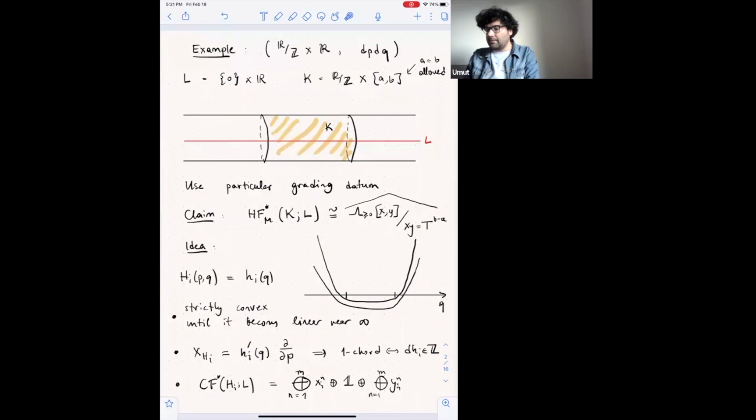So let's talk about it in an example. I will consider the cylinder, R mod Z cross R, with the dp/dq symplectic form, where the coordinate here is P and the coordinate here is Q. I will consider the Lagrangian, which is this line obtained by fixing the P coordinate to be 0. I will consider this finite cylinder K inside the infinite cylinder, which is my ambient symplectic manifold.